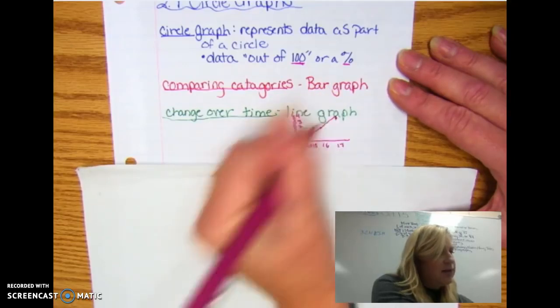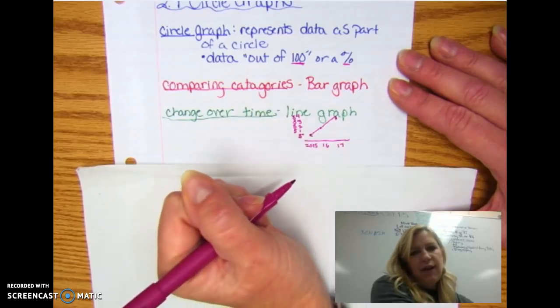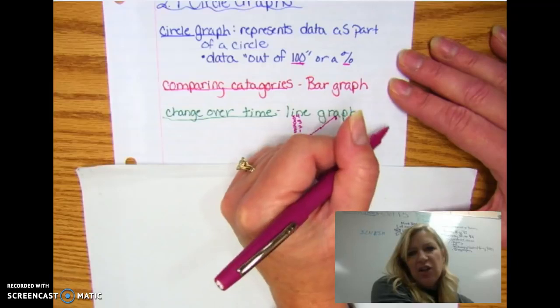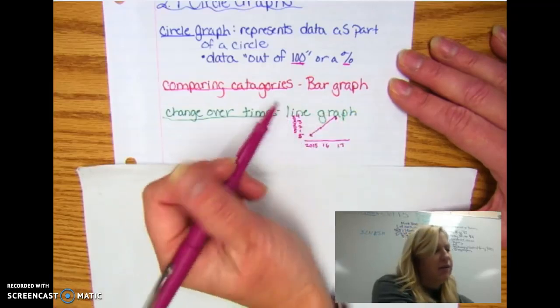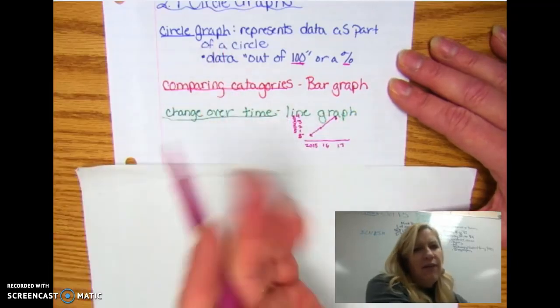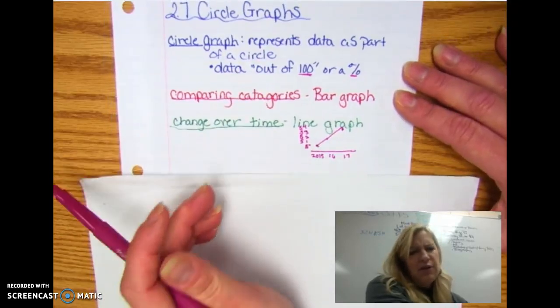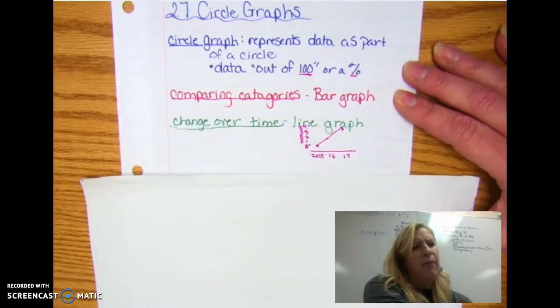So you would represent that on this kind of a graph, a line graph, because there's a line that goes up. Sometimes we talk about stock changes daily, that sort of thing. But circle graph is out of 100. I just wanted to show you the different kinds of graphs you can use because it really makes a difference what you choose.